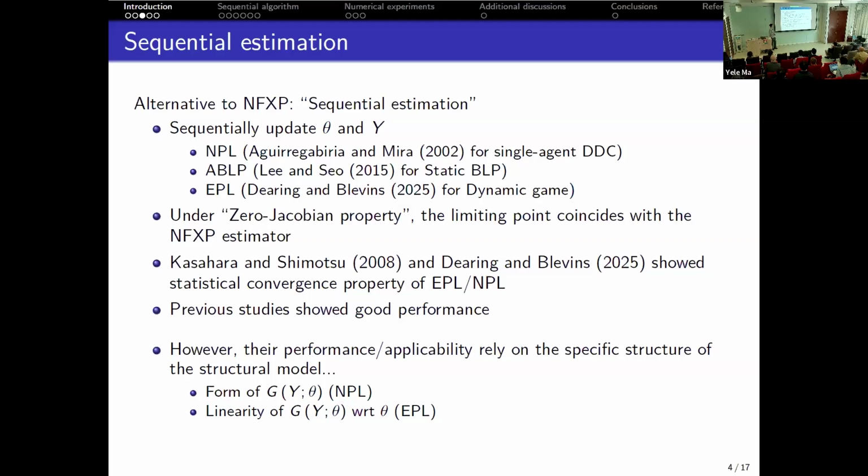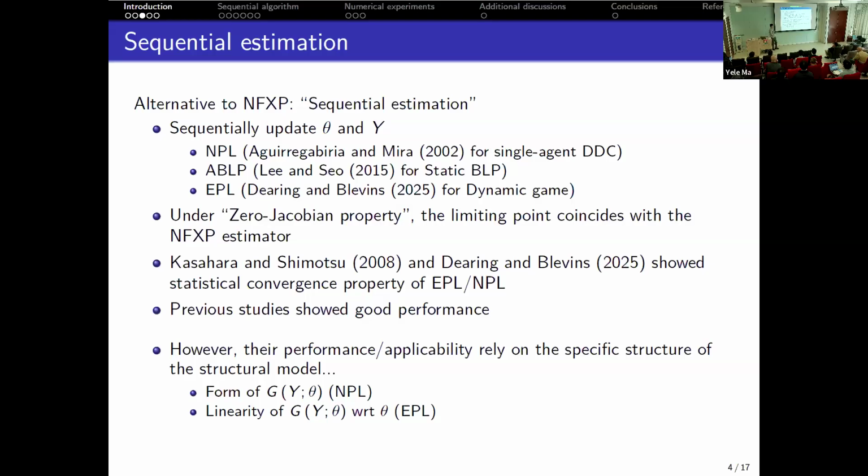Under a property called the zero Jacobian property, the limiting point of this iteration coincides with the NFXP estimator. Previous studies have shown the statistical convergence properties of EPL and NPL, and have shown good performance concerning these methods.